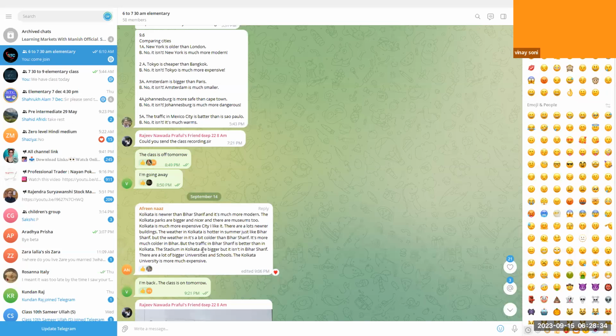Kolkata is newer than Bihar Sharif and it's much more modern. The Kolkata parks are bigger and nicer, and there are museums too. Kolkata is a much more expensive city, but I like it.